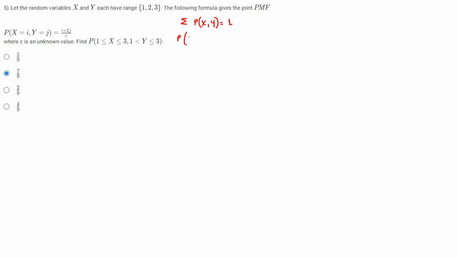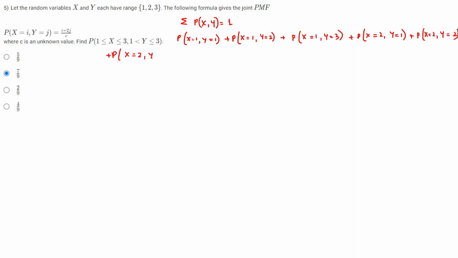So p of x equal to 1 comma y is equal to 1 plus p of x equal to 1 comma y equal to 2 plus p of x equal to 1 comma y equal to 3 plus p of x equal to 2 comma y equal to 1 plus p of x equal to 2 comma y equal to 2 plus p of x equal to 2 comma y equal to 3 plus p of x equal to 3 comma y equal to 1 plus p of x equal to 3 comma y equal to 2 plus p of x equal to 3 comma y equal to 3, so that is nothing but 1.